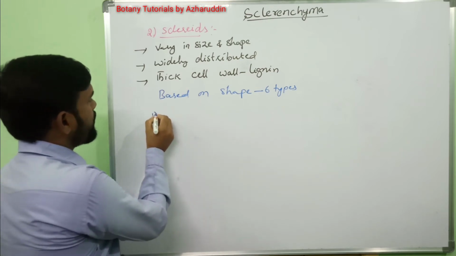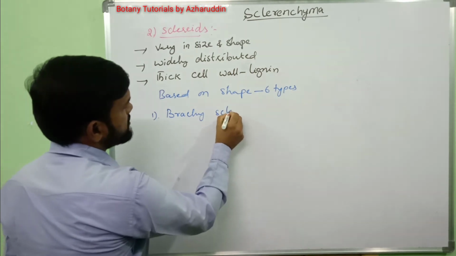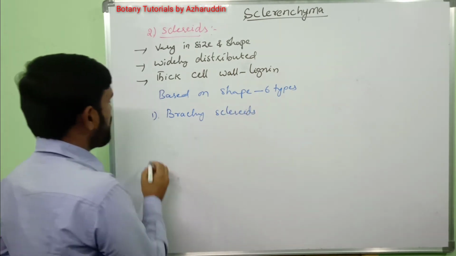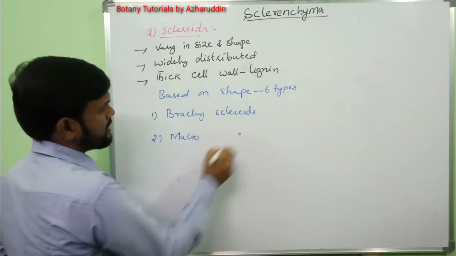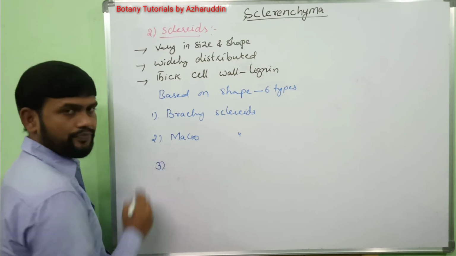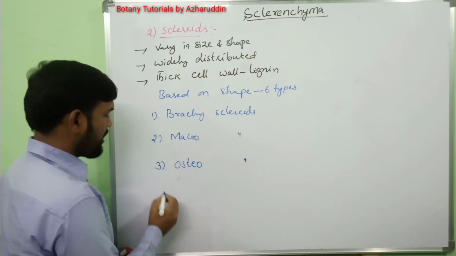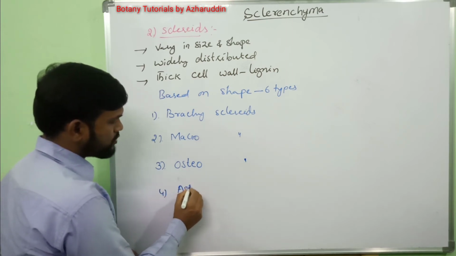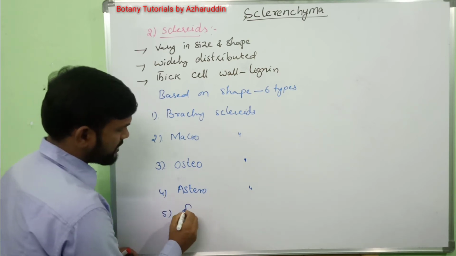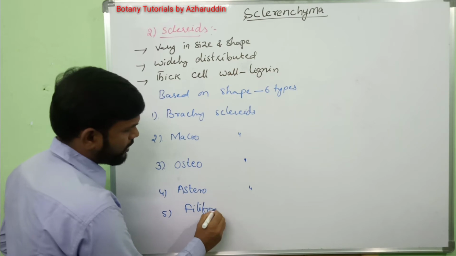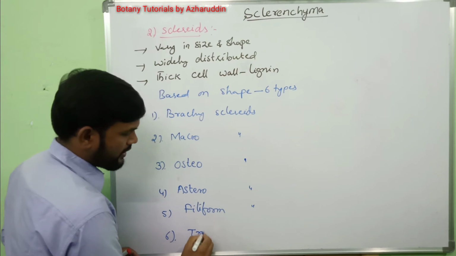Number 1, brachysclereids, second one is macrosclereids, third type is osteosclereids, fourth one is asterosclereids, fifth one is filiform sclereids, and sixth one is trichosclereids.